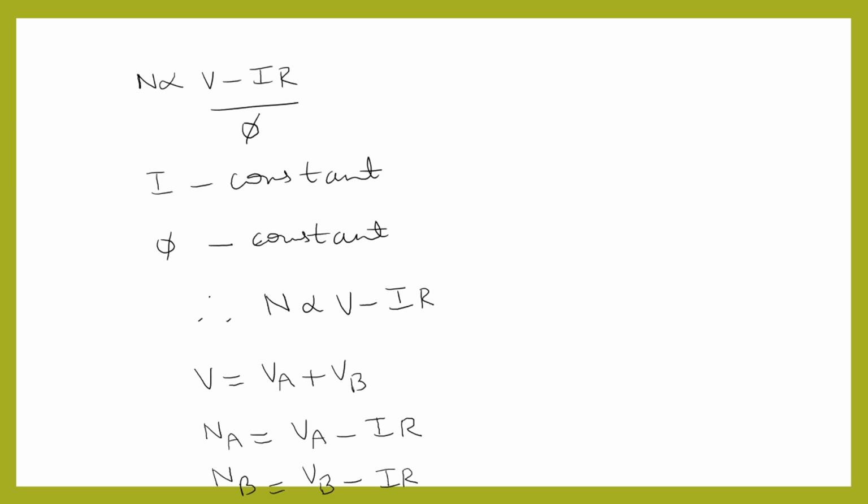Since the motors are similar, the resistance RA is equal to RB is equal to R. The ratio NA by NB is VA minus IR by VB minus IR. Let it be equated to a constant value rho.